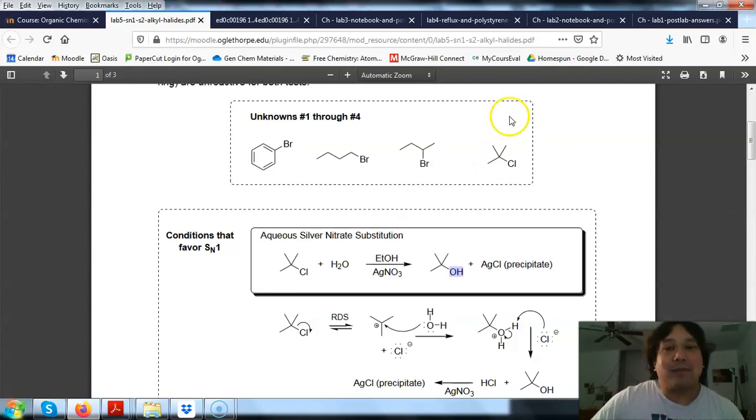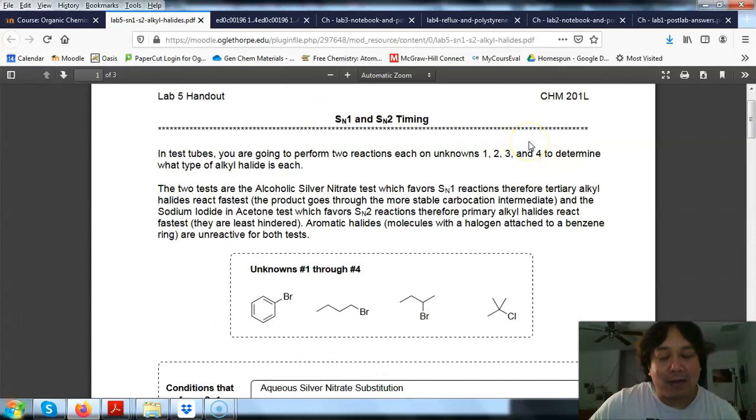Okay, I'm telling you that the purpose of the lab is to identify 4 unknowns using 2 substitution tests, one favoring SN1 pathways and the other favoring SN2 pathways.